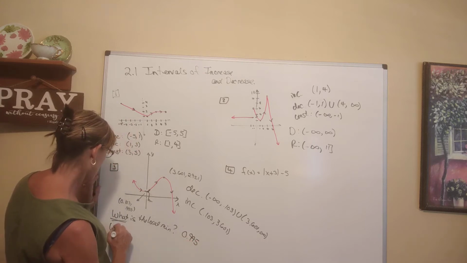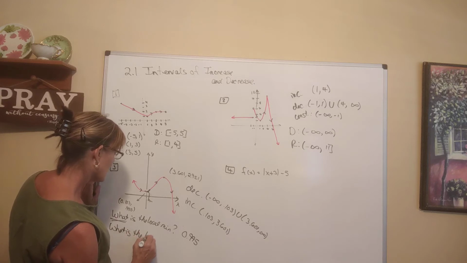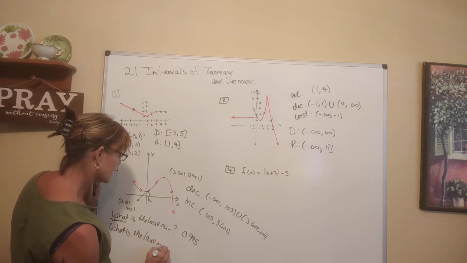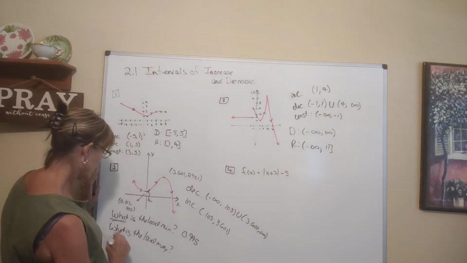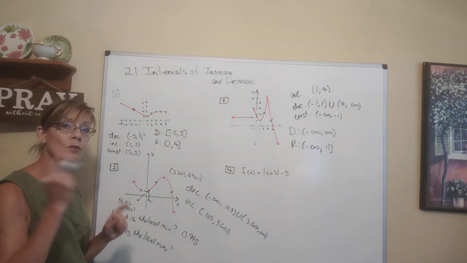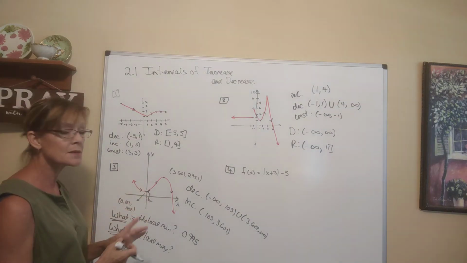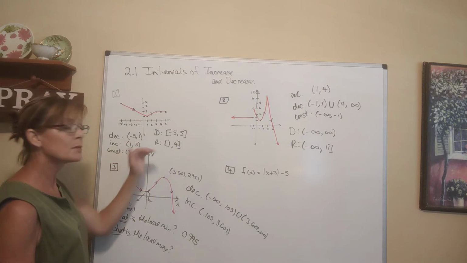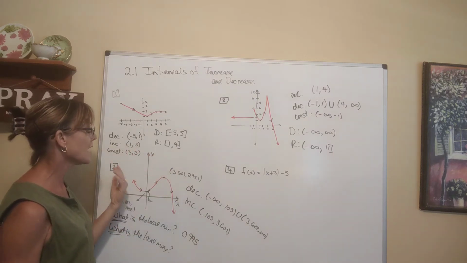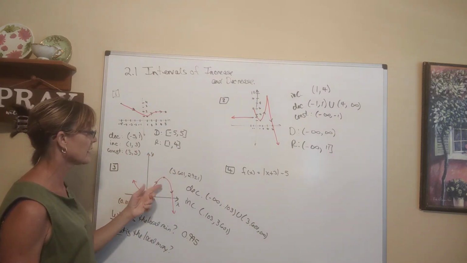If I were to say what is the local max, this word what, that means talk about the y value. So here, a maximum is, in general, a high place. Do you see somewhere where it's high relative to everything else in the area?